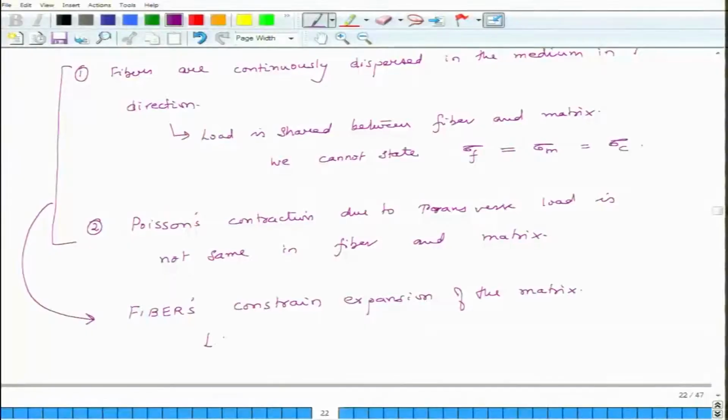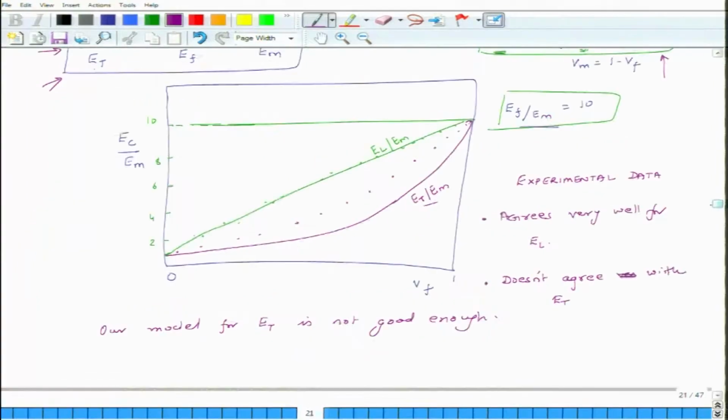So, this causes lesser delta C. If delta C is less, this will lead to higher ET. For the same stress, there will be less extension, less strain, which means higher ET. And that is the physical reason why a lot of this experimental data, these are experimental points, is higher than the predicted value of ET.